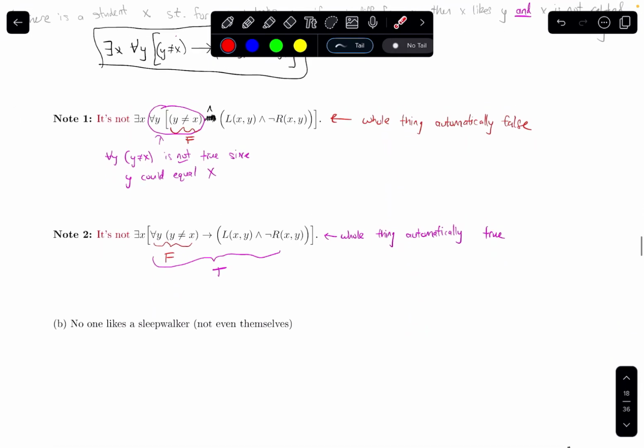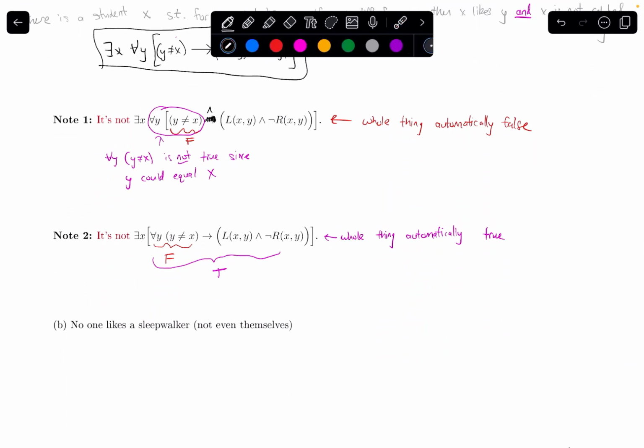So when I see a sentence like this, that seems to involve quantifiers, I first like to rewrite it to really make it clear and explicit where the quantifiers are. So the words no one, well, that's the negation of there is someone. So the negation of a there is quantifier.